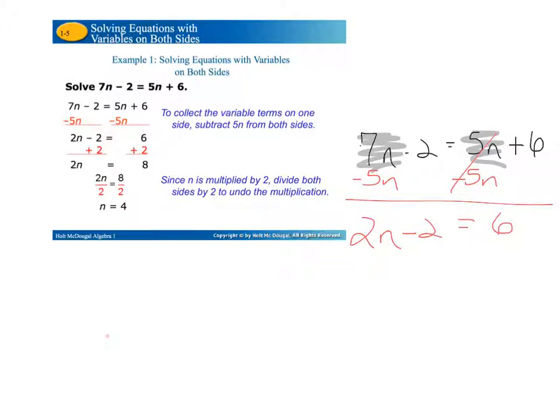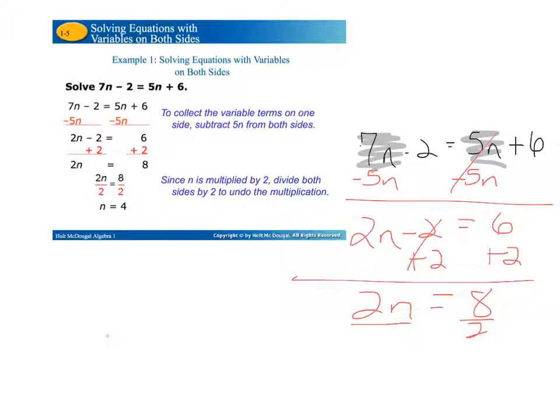Now I have something that looks like what we've been doing for the past 2 days. It's a simple two-step inverse operation equation where we will now add the 2 to both sides, drop down the 2n, add 6 plus 2, and then divide by 2.